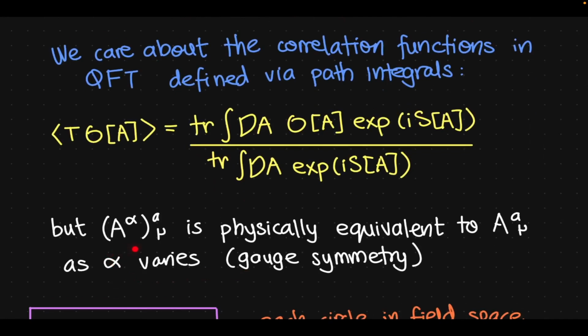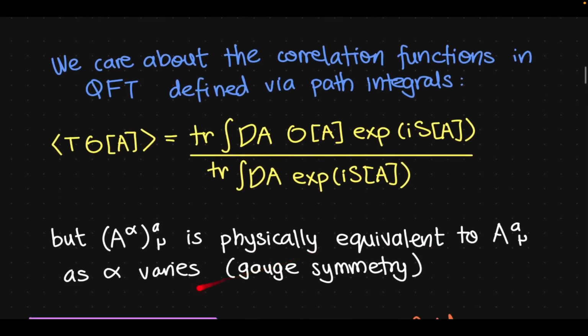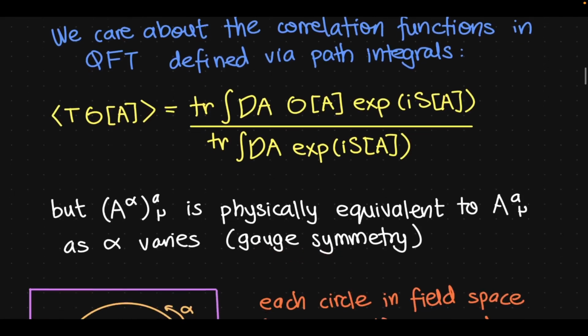But A to the alpha is physically equivalent to A because they give the same theory, their symmetry of the theory, as alpha varies, which is what we mean by a gauge symmetry of the theory.